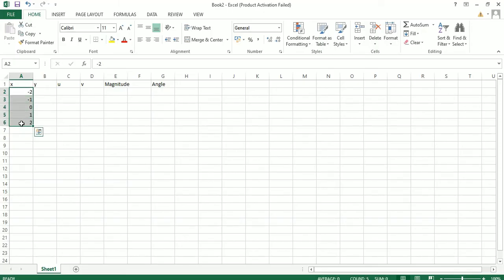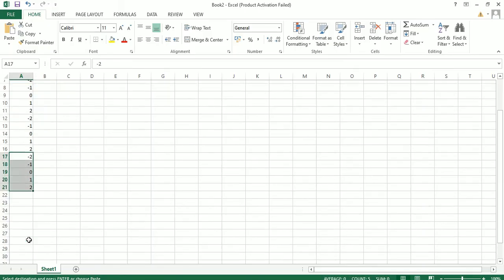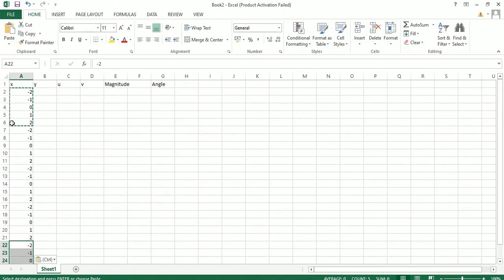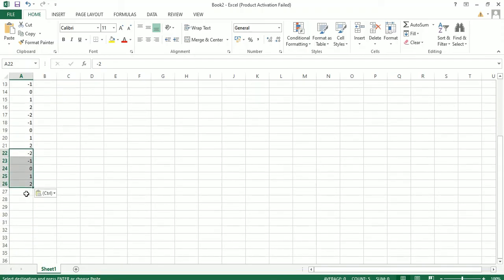Just press Ctrl C and then copy it, and then go to the next cell and then paste it there. Then go to the next one and paste, and the next one, and paste, and then paste one more.